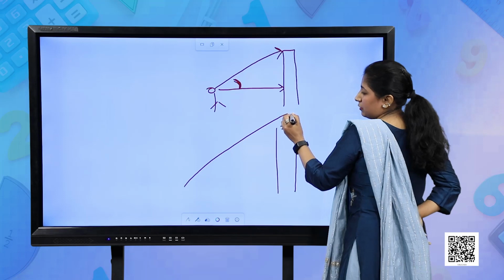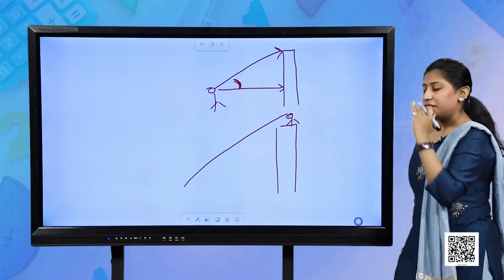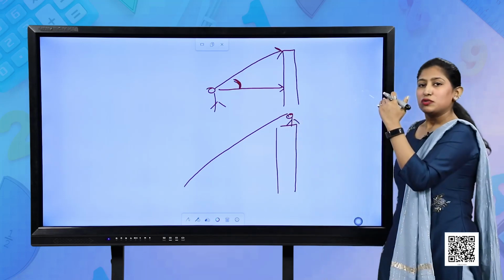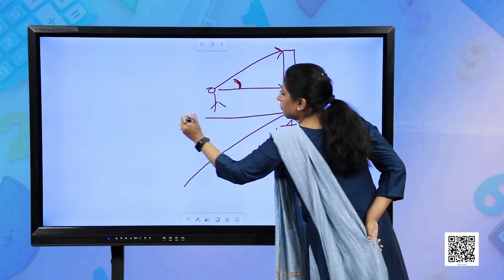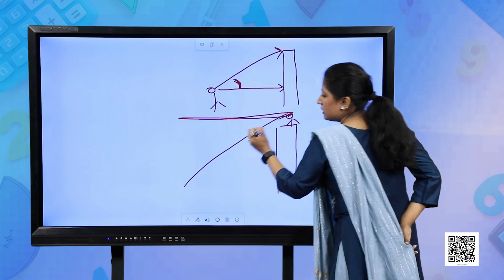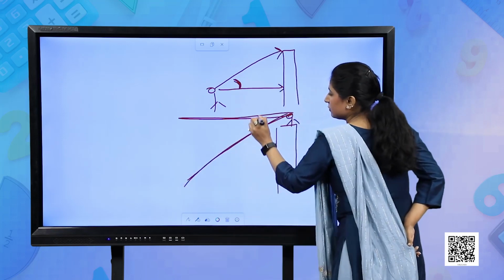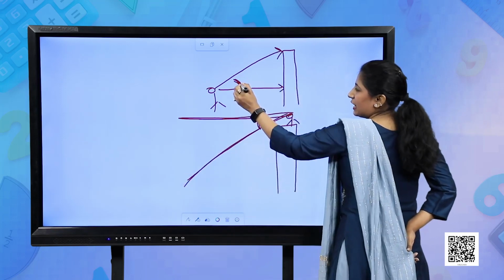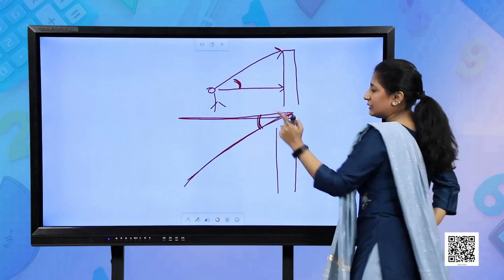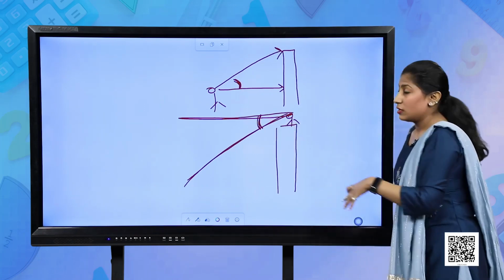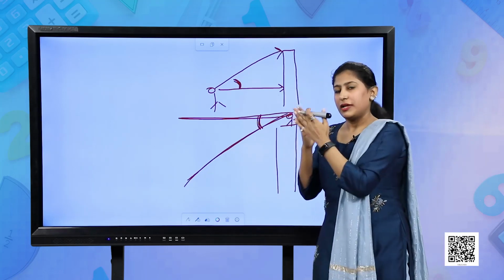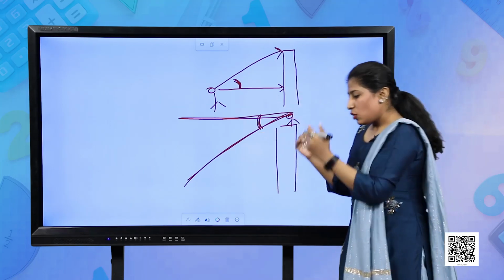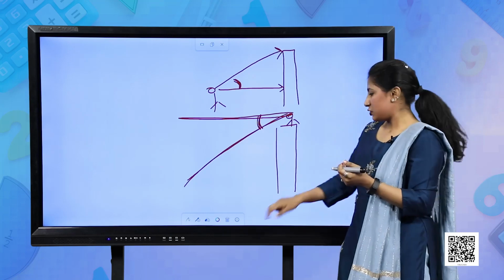Then we get angle of depression. That means we have to lower our head. So where will the angle be formed? Between the horizontal and the line of sight. See, so this is the angle of elevation and this is the angle of depression. So when we have to raise our head, the angle of elevation. When we have to lower our head, angle of depression.